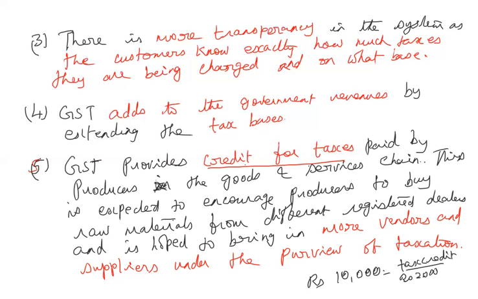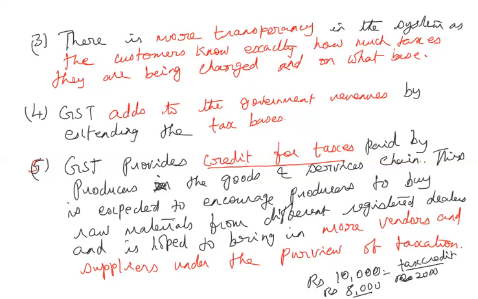So now the producer need not pay 10,000 as the tax. He needs to pay only 8,000. Why is the government giving this discount? It is like a discount. Why is the government giving the discount to this producer? Because he has brought more people into the tax regime.